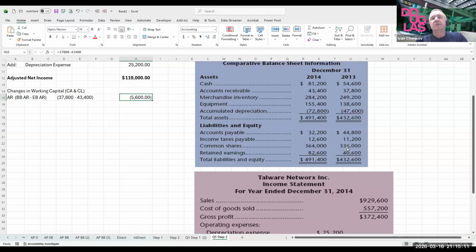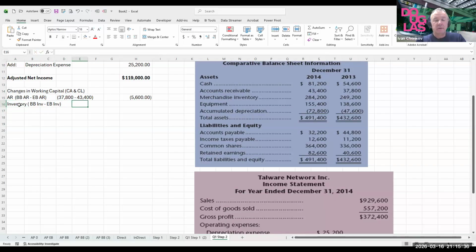Next one, merchandise inventory. Is that a current asset? Yes, it is. What are we going to do with the inventory? Same thing. Beginning balance of the inventory minus the ending balance of the inventory.